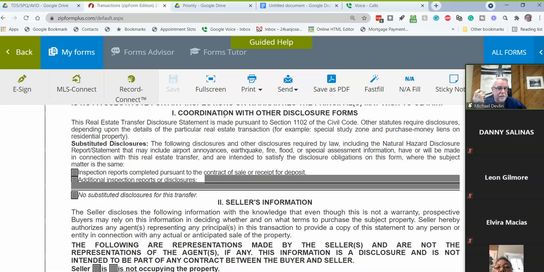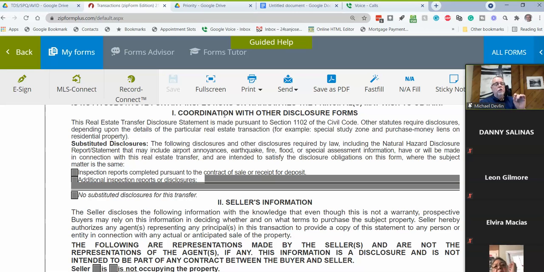Do I list them, cram all those in here and list them here under additional inspection reports or disclosures? Is that what I should do? List them if I got them? Yes? If you have them, they should be listed. They should be. All right. Inspection reports pursuant to the contractor sale or receipt or deposit, maybe.